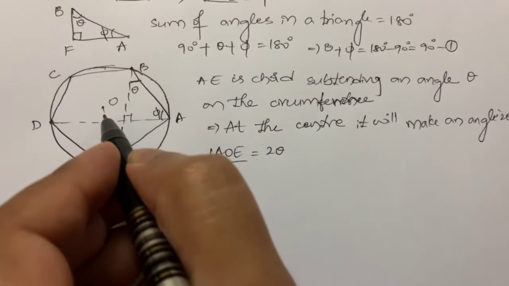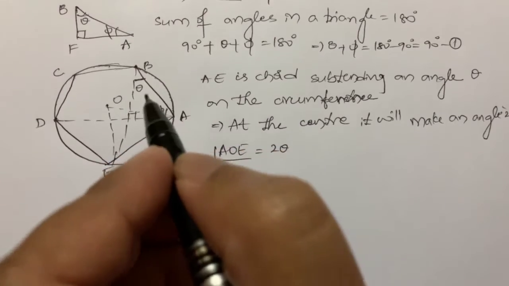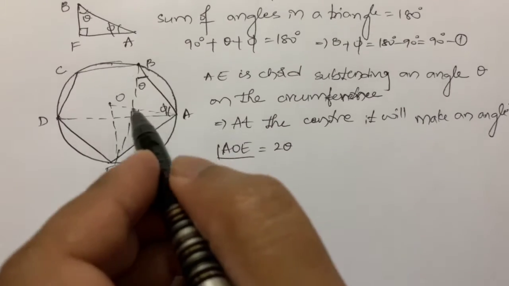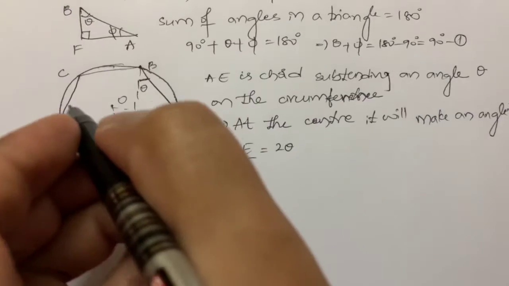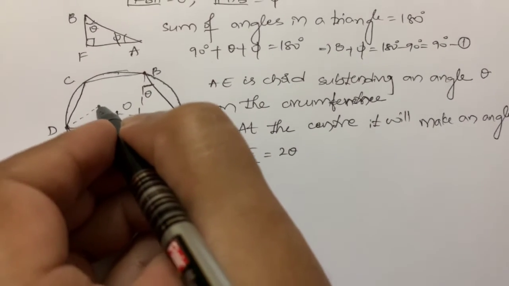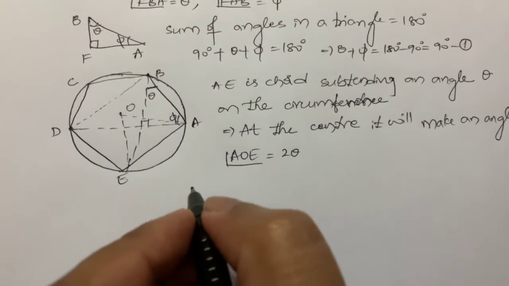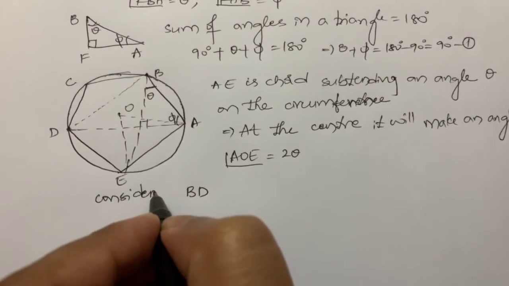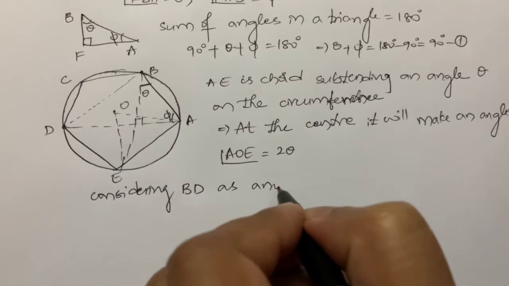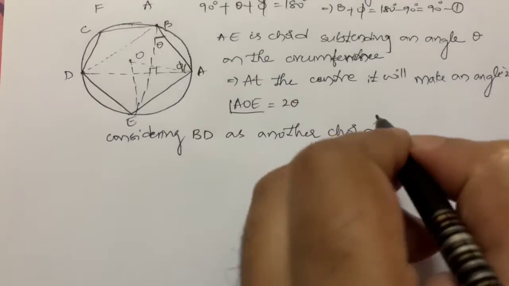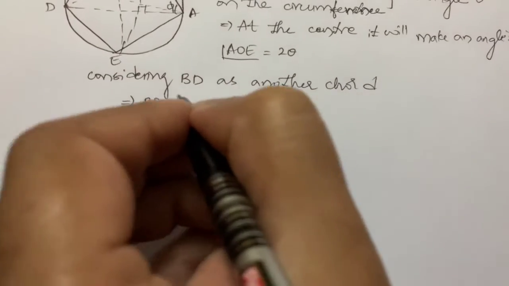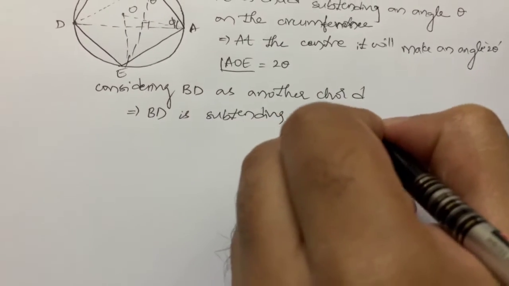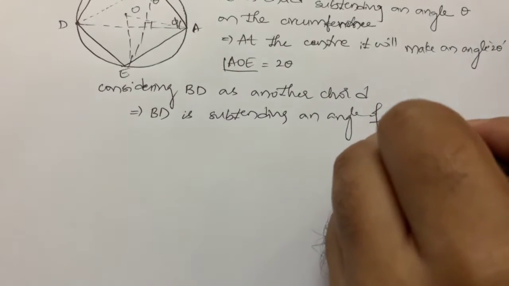So, O is this. Now considering BD as another chord, BD is subtending an angle of phi on the circumference.